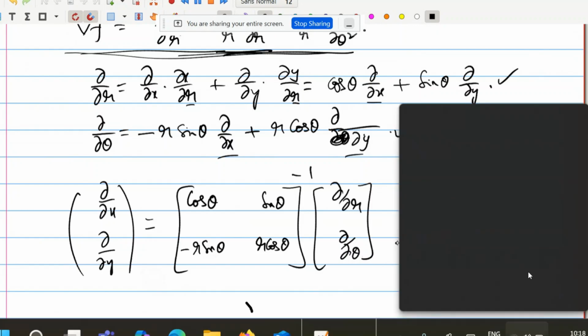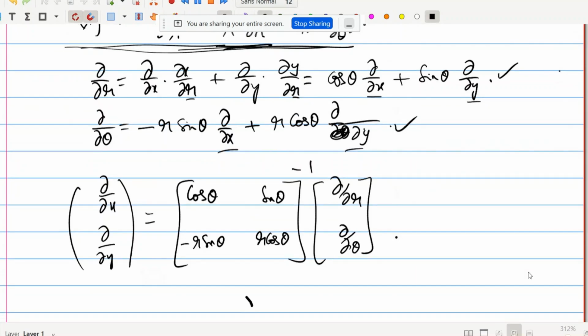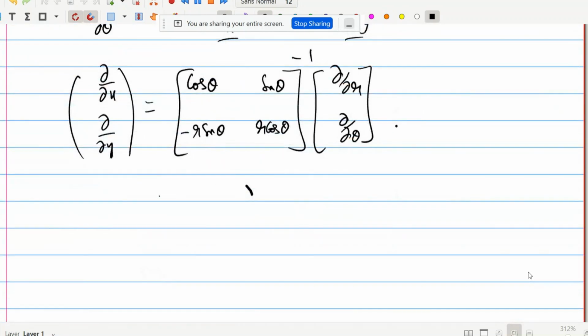So whatever you calculate here, what is this inverse? 1 by r, right? That's the determinant, so that is 1 by r.